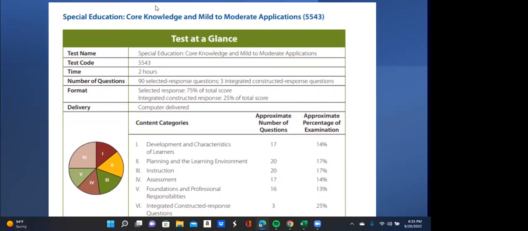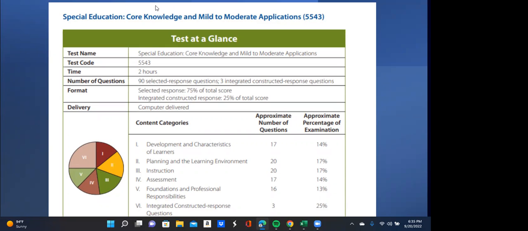All right. There are 6 categories of questions on the special education core knowledge mild to moderate applications test. There are an average of 18 questions for 5 categories and 3 constructed response questions on this test. 75% of your total score will come from the selected response questions, and the constructed response questions are worth 25% of the total score.